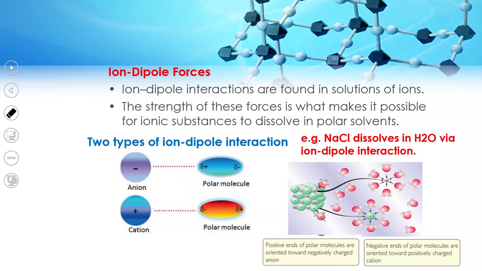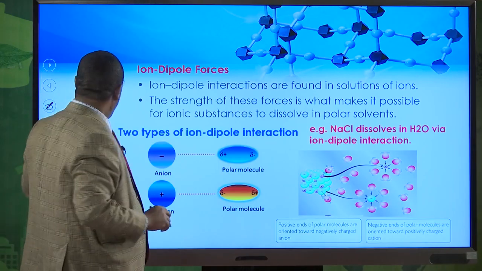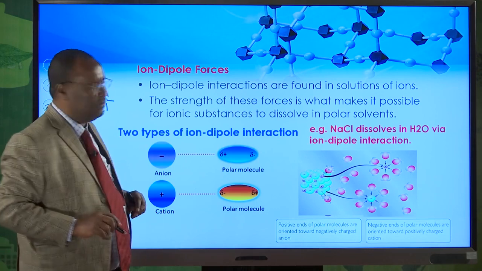In this case, here we have the sodium ion and the chloride ion. Chloride ion is an anion, sodium ion is a cation.